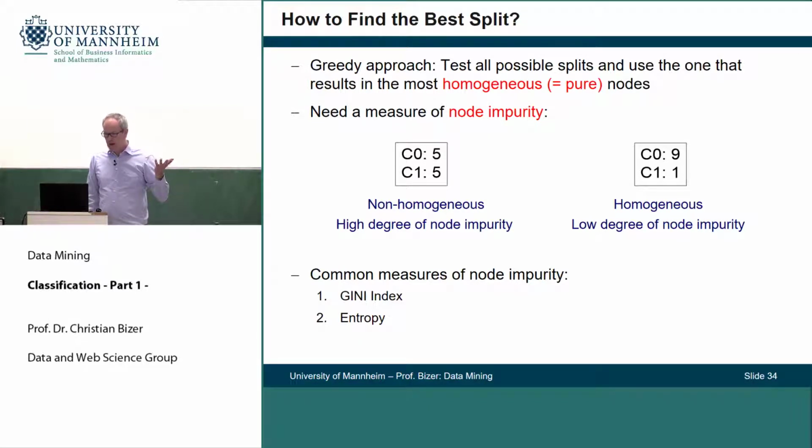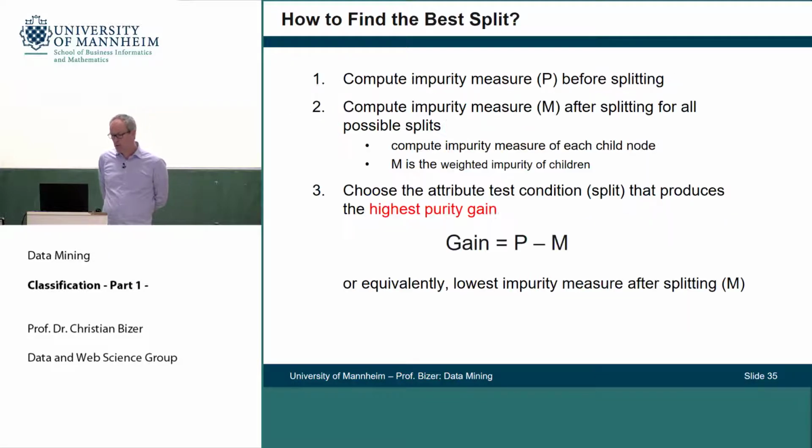So a bucket with equal distribution of C0 and C1 would be absolutely non-homogeneous, one with 9-1 would be rather homogeneous, and 10-0 would be absolutely homogeneous, only one class. The measures that are often used in the context of learning decision trees are Gini and entropy. We'll look at both and also how we use them.